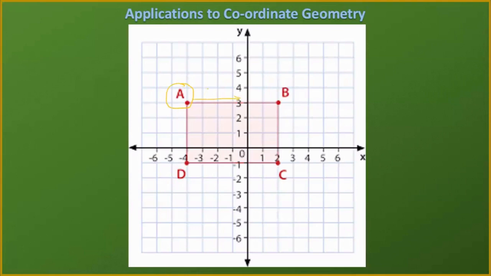It is 3 from the y-axis, and from the x-axis it is 2. So 3 is the horizontal distance while 2 is the vertical distance. So the coordinate of A will be (3, 2). In a similar way we can find the coordinates of B, C and D.